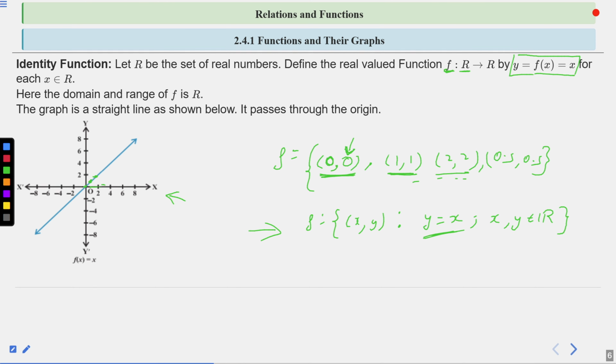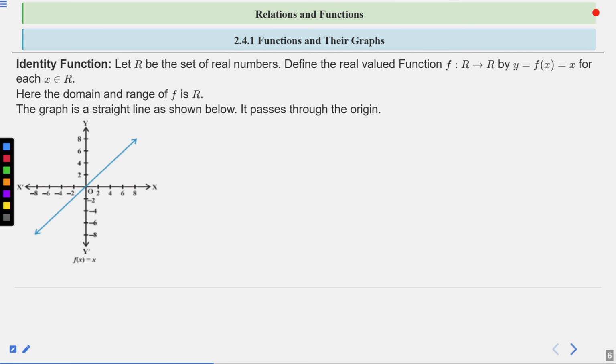The (2, 2) point will be here. Simple. If you plot all these coordinate points, all these ordered pairs, you will get a line represented here in blue, which is passing through the origin. Is it clear how we got this as our graph for the identity function? Still having any doubt, please ask. Okay. Moving on to next.